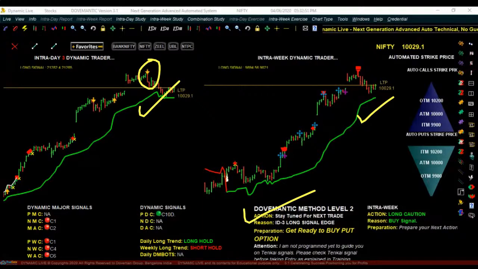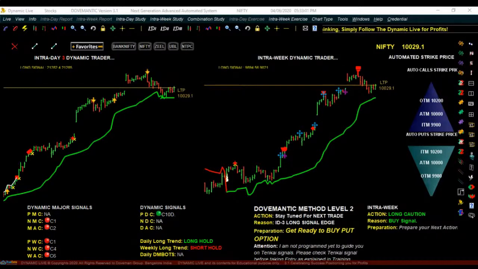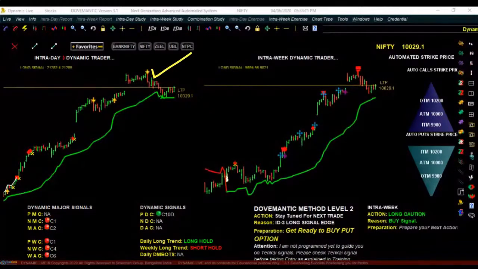In this case, since we were looking at Nifty, we check the Tenkai signal of Bank Nifty. When we checked Bank Nifty, we saw that there was no zigzag, no edge point in Bank Nifty at the same time. So we went ahead and did the trade, even though there was a mismatch. But there are times when there is a mismatch.